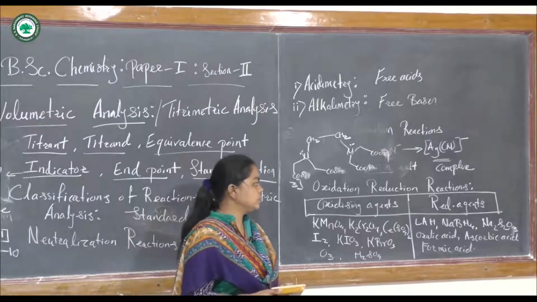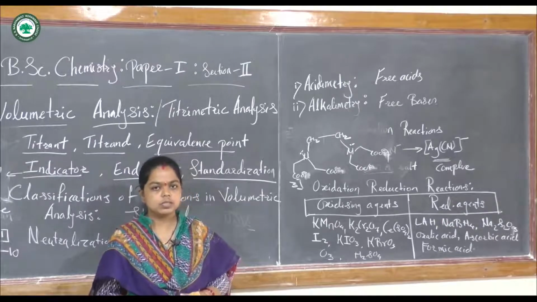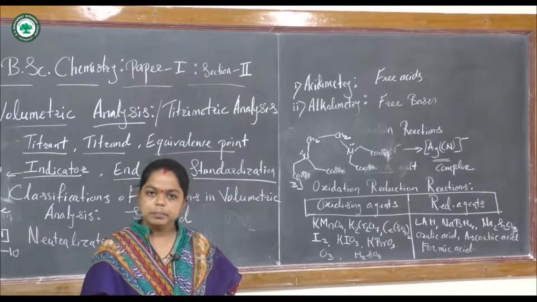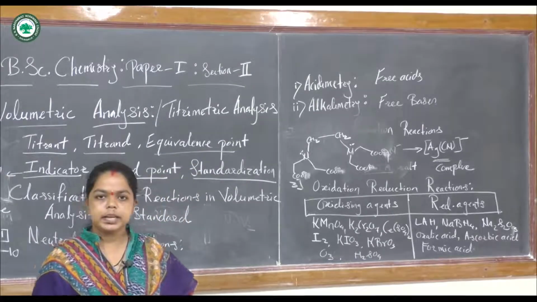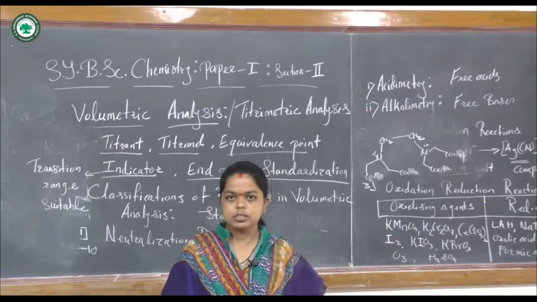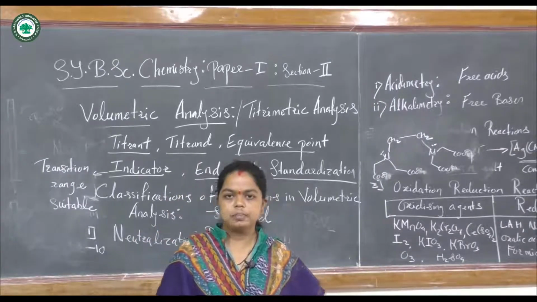The fourth type is the precipitation titration. So this was the introductory part of volumetric analysis. We have learned important terms in titrimetric analysis and studied three types of titrations.